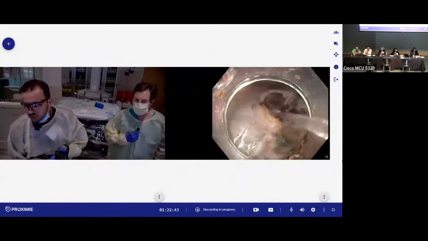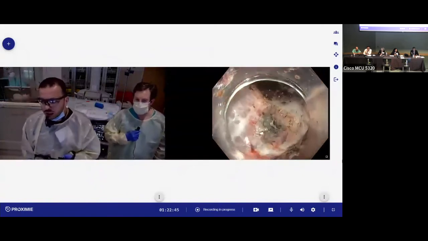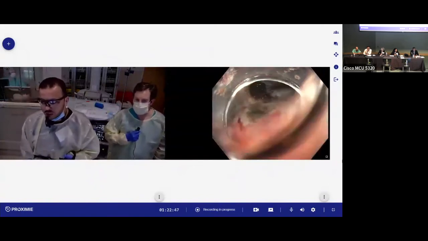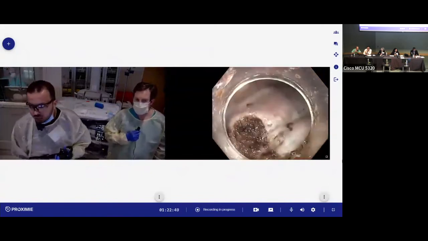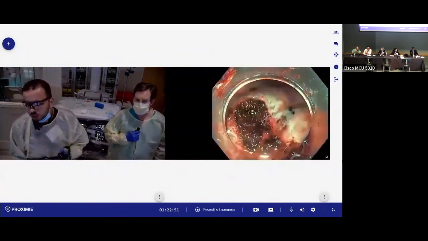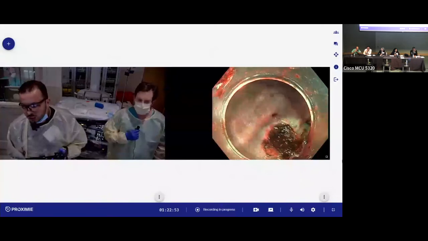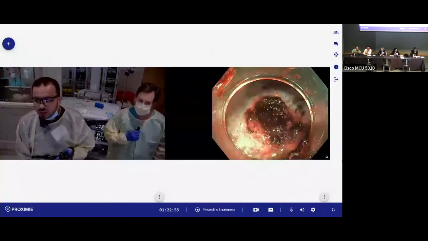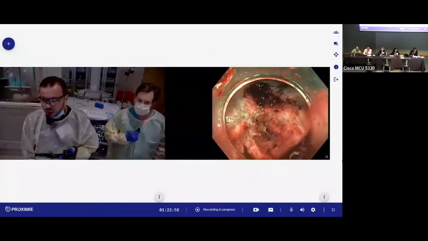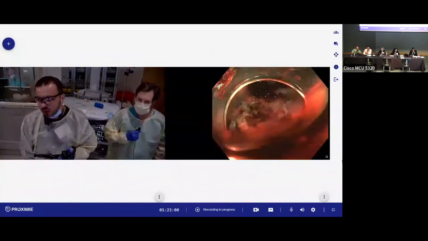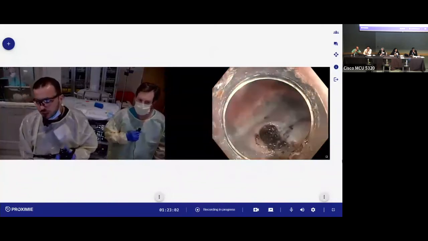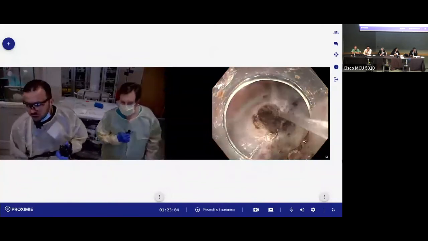We also treated some of the base here as well, some of the small oozing vessels in the base. But we have a really good control on the lesion here with no residual, at least macroscopic or gross residual, of the adenoma. So I think we feel good about the resection.